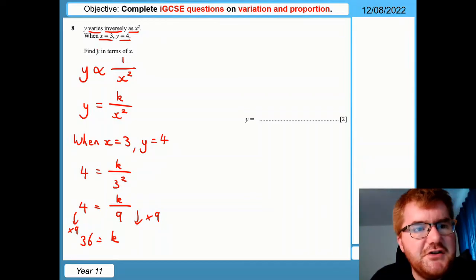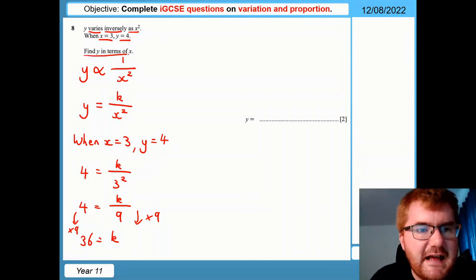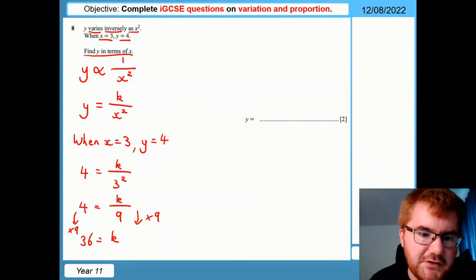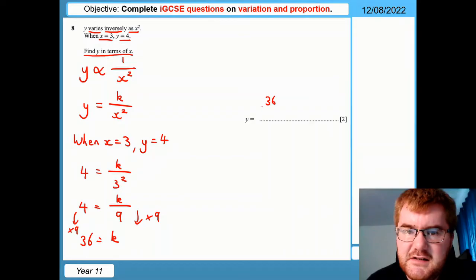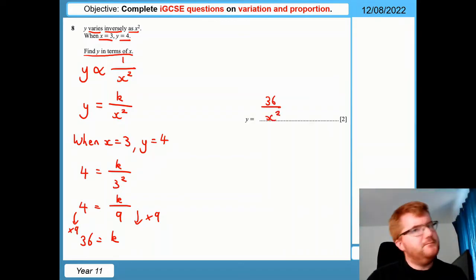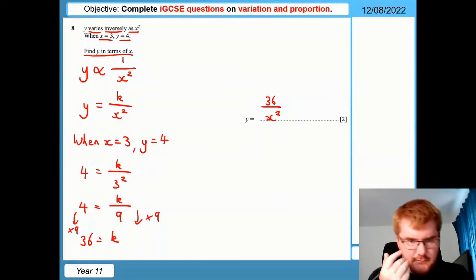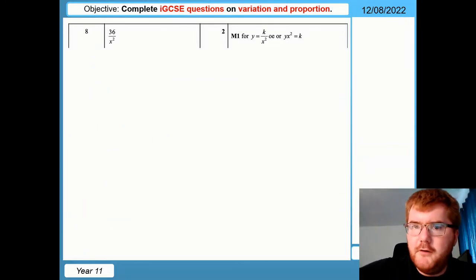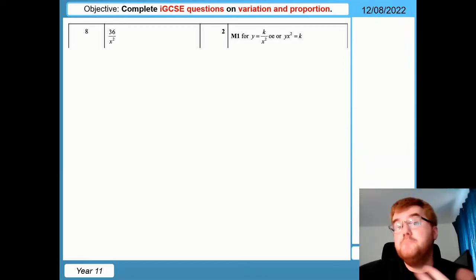And this question wants us just to find y in terms of x, so nothing extra to do here. So in this case, we then just insert 36 where k is, and we get 36 over x squared, like so. Again, very standard paper 2, very short and to the point. You can see the mark scheme there, and 1 mark for writing that equation from somewhere.